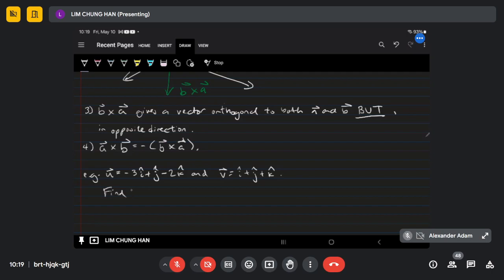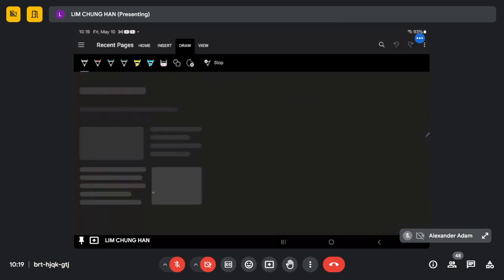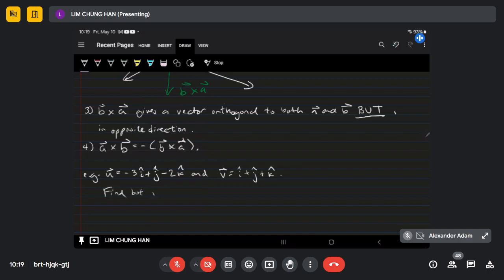Find both vectors that are orthogonal to both u and v.